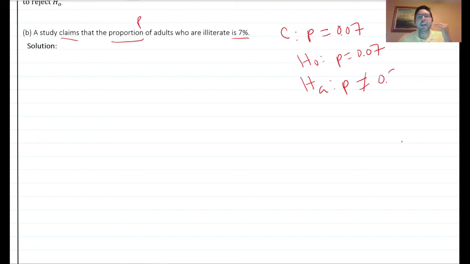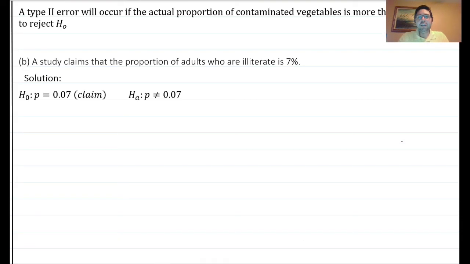If you don't know what the researcher thinks, then use the complement, use the opposite. So in this case, the opposite here is not equal to 0.07. That's our null and our alternative, which we mentioned earlier.